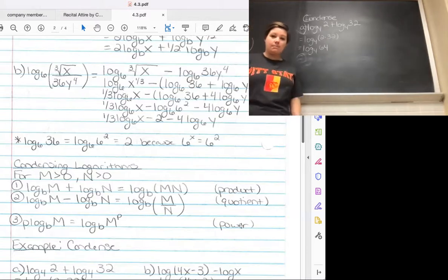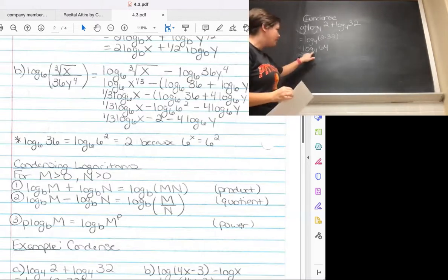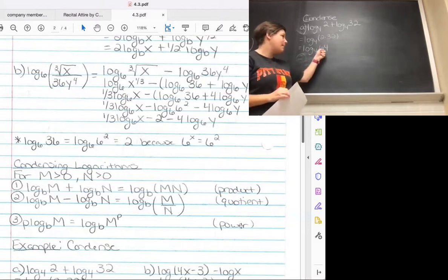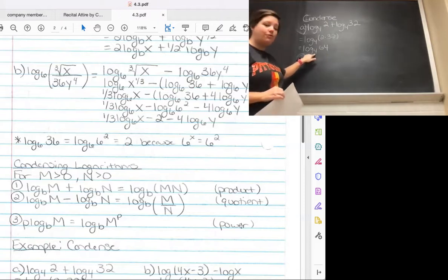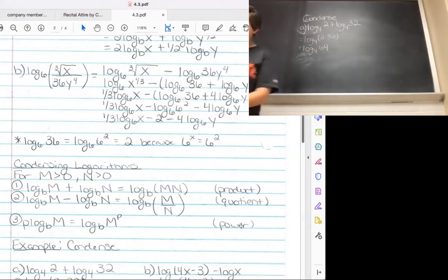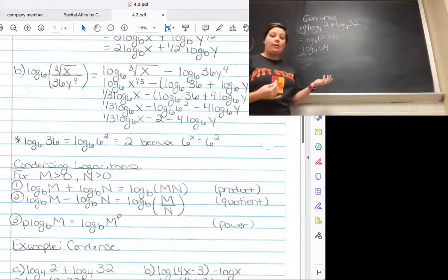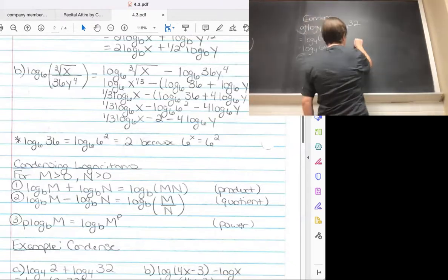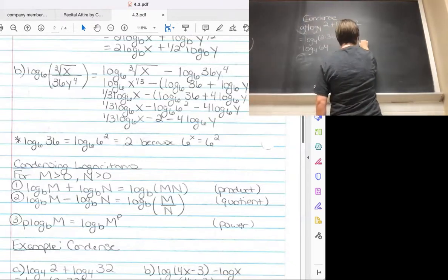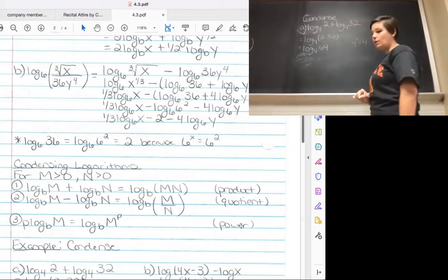Now, like I said a minute ago, if you have a base that's a number and you're logging a number, we need to see if we can write that number with a base of whatever our base is. So can we write 64 as a base of 4? Well, if you're not sure, which honestly I wouldn't be sure, this is how I would do it. I would come over here and say, well, 4 to the first power is 4.